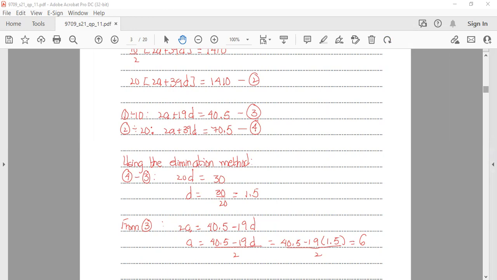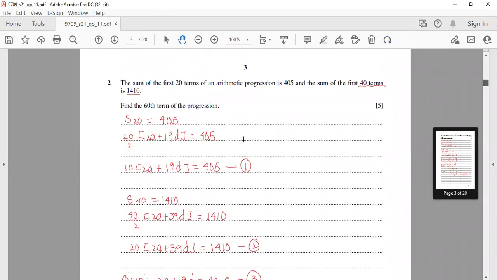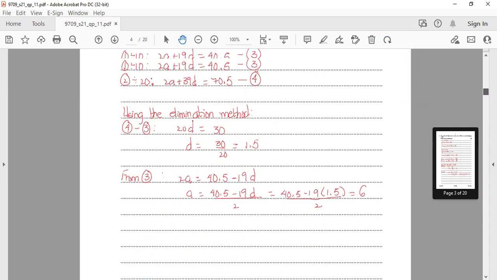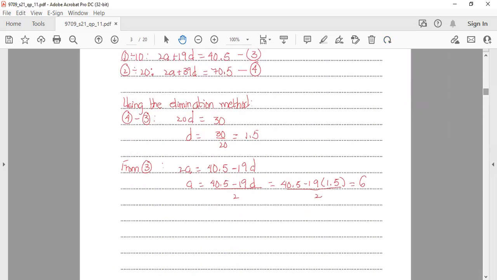Yes. Donc maintenant, we need to find the 60th term of the progression. To find the 60th term of the progression, we have to make use of this formula.